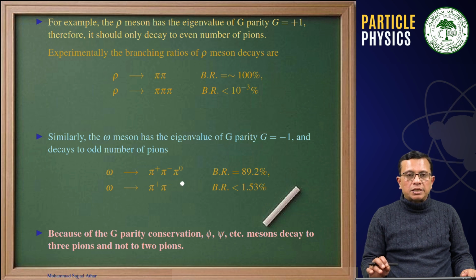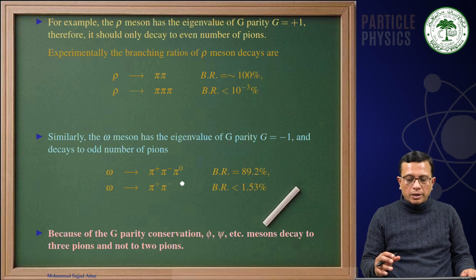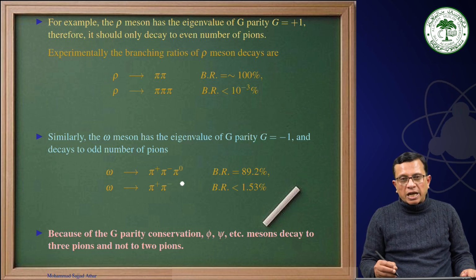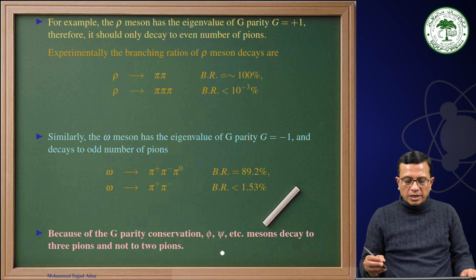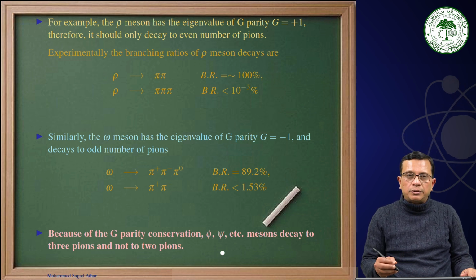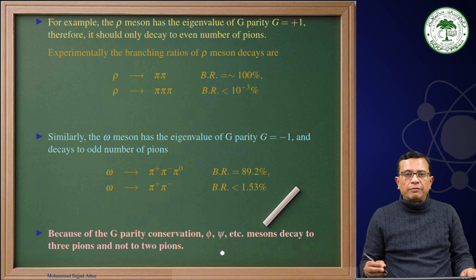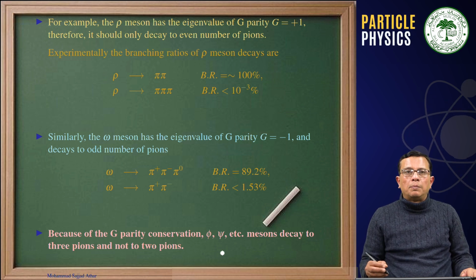Because of the G parity, this is the same reason for phi meson, psi meson, etc. All of them do decay to 3 pions and they do not decay into 2 pions, because the G parity of all these mesons, phi, psi, like omega, have eigenvalue minus 1, while rho has the eigenvalue plus 1, and we have seen that pion also has eigenvalue minus 1.